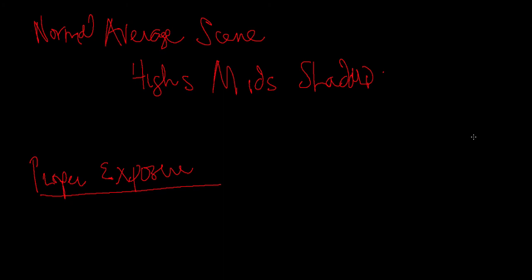And those are a very different situation in terms of exposure. So we'll deal with those a little bit later on in the semester because they require that you understand the ideas behind how a camera meter works in order to actually make the decision yourself.